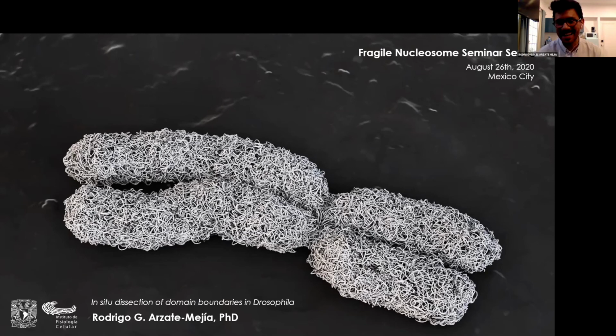Yes, Victor Corces has done a lot of that, and also Juan Manuel Vaquerizas. They both have data that suggests that transcription can affect the 3D organization of the genome in the fly. Whenever you disrupt transcription, you have a reduction in intra-domain interactions and a reduction in insulation, but you don't observe the fusion of the domains, which is what we observe.